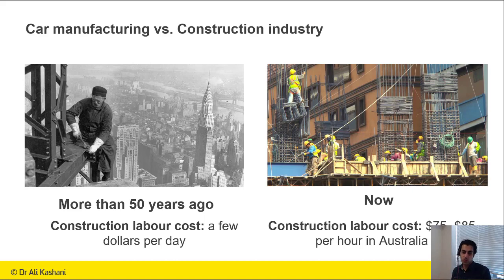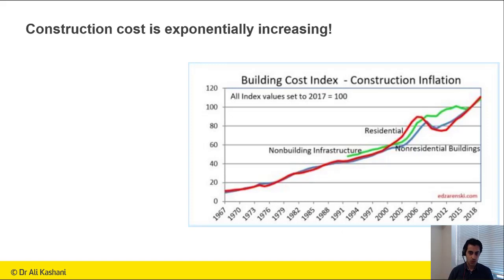Maybe we improved safety a little bit, but still you cannot see much automation happening in day-to-day construction. But because of other factors, construction labor cost has increased massively. In Australia, our basic labor cost is $75 to $85 per hour, which ended up increasing the building cost.